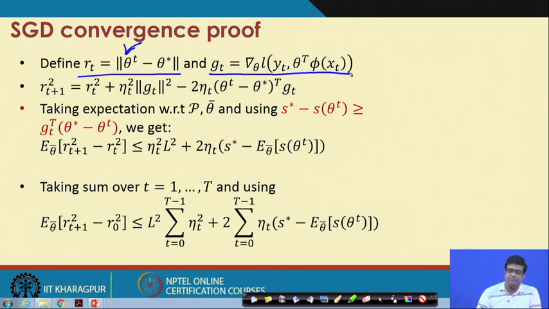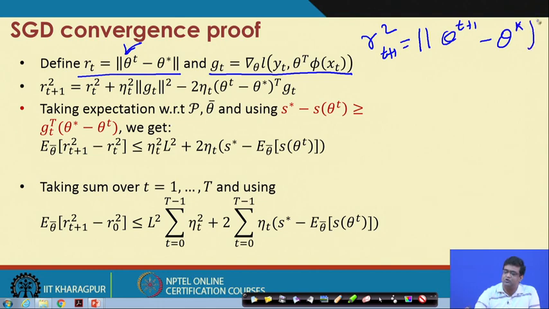Now, we want to calculate what is R t square, or rather we want to calculate R t plus 1 square. This is nothing but theta t plus 1 minus theta star whole square. Now, we want to write the gradient descent update.